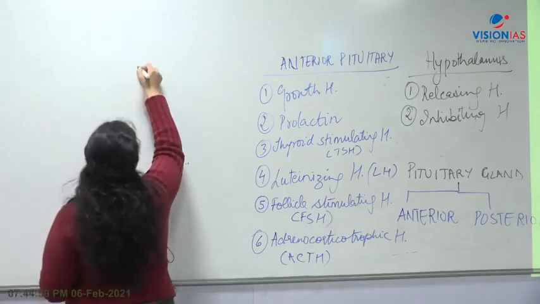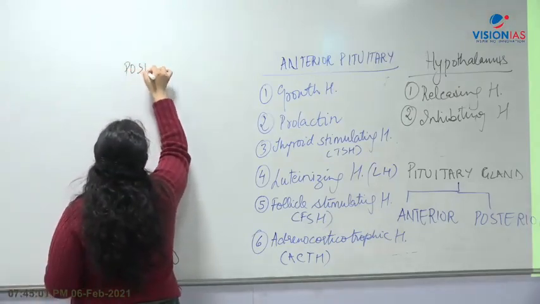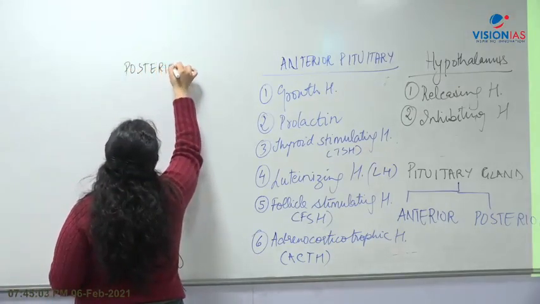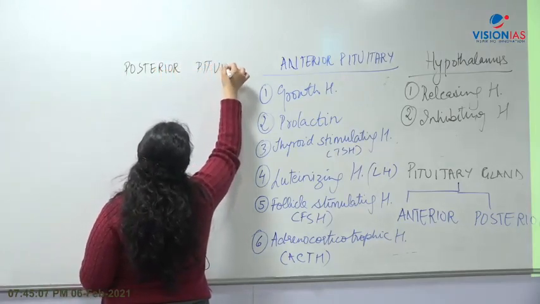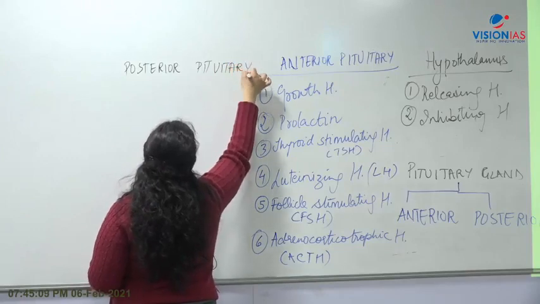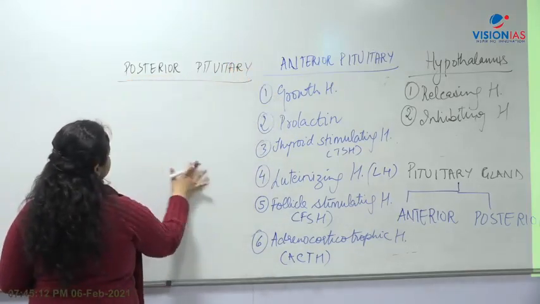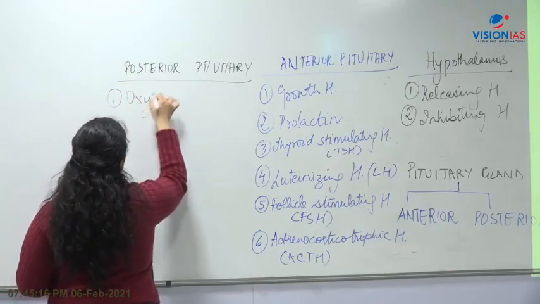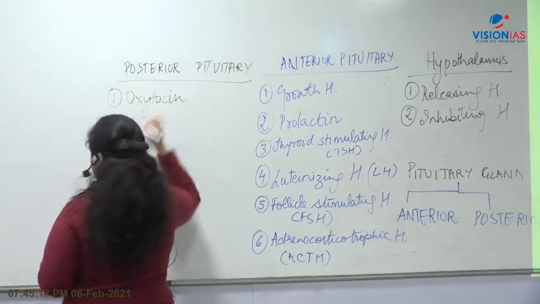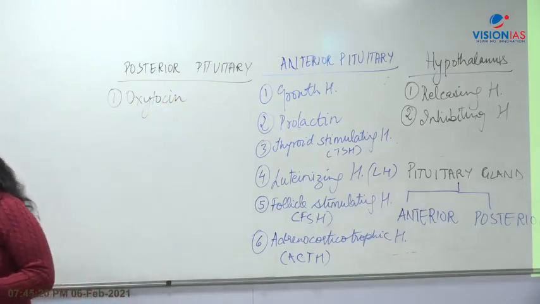After this, we go to the posterior pituitary gland. The first hormone it has is oxytocin.